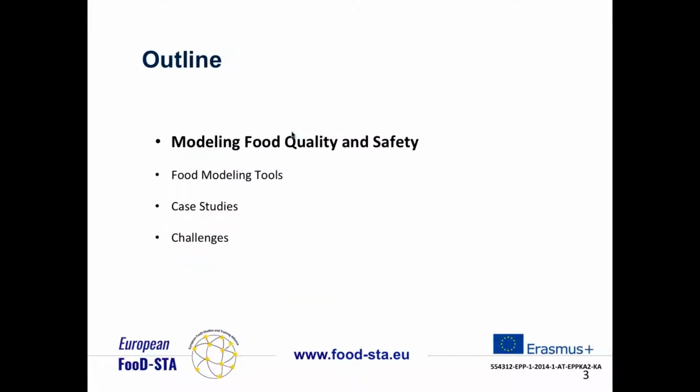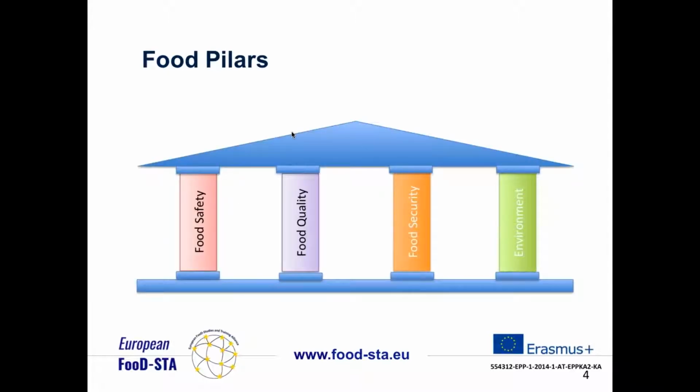So let's start with modeling food quality and safety. As I think everybody knows, food safety is one of the food pillars, and it's always the most important criterion for food processes. Food safety has to be guaranteed.